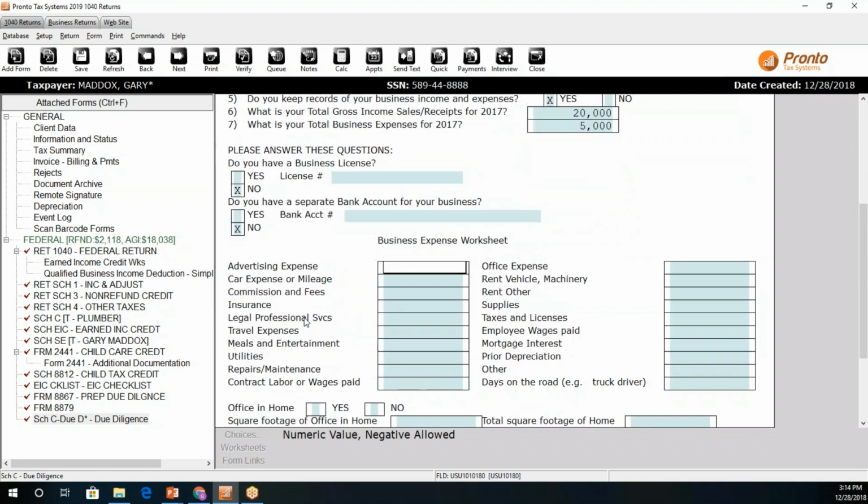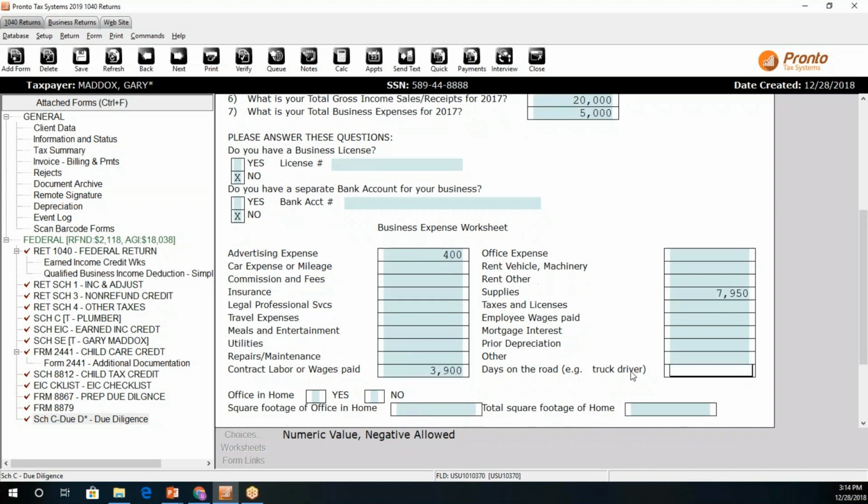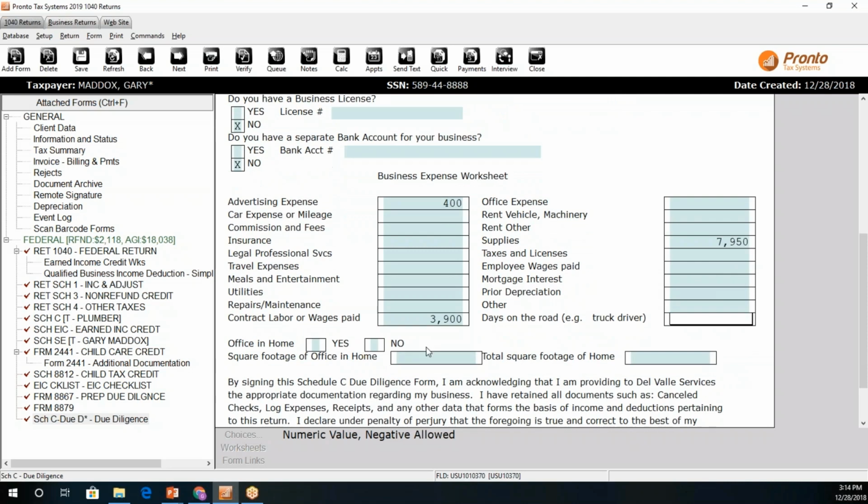Okay, then we have to put the amounts again over here. He had spent $400 for advertising. He had contract labor for $3,900, and he had supplies of $7,950. Okay. Does he have an office in his home? Well, not really.